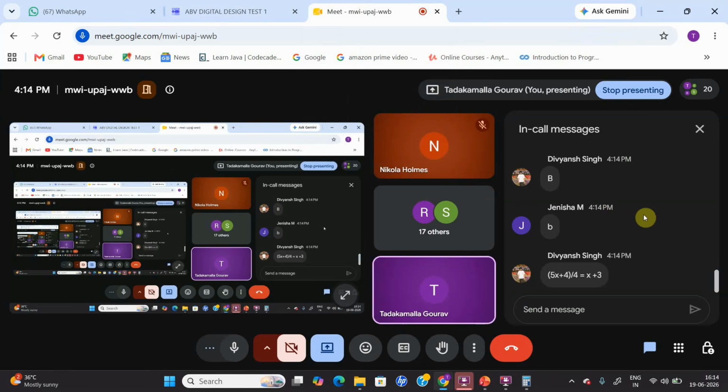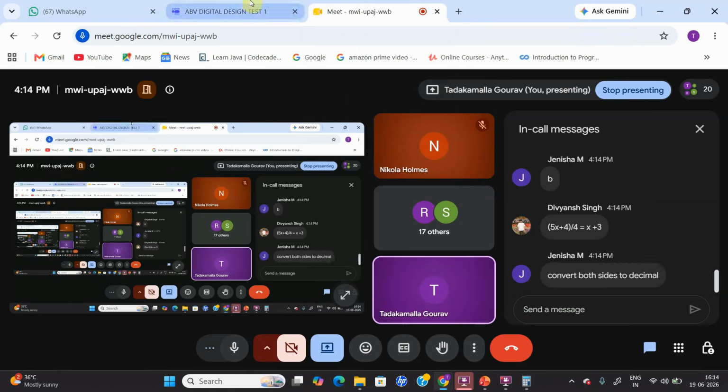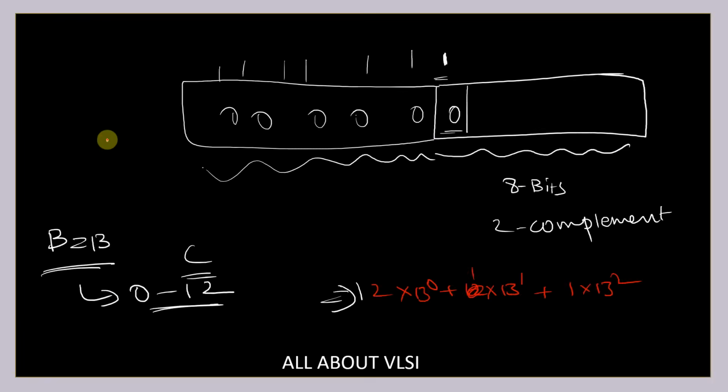Exactly. You need to convert both sides into decimal. Then you are going to get your answer, right?